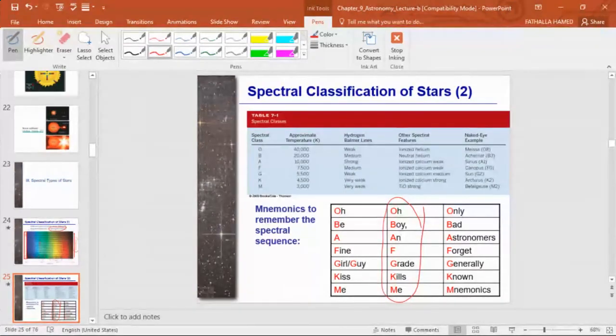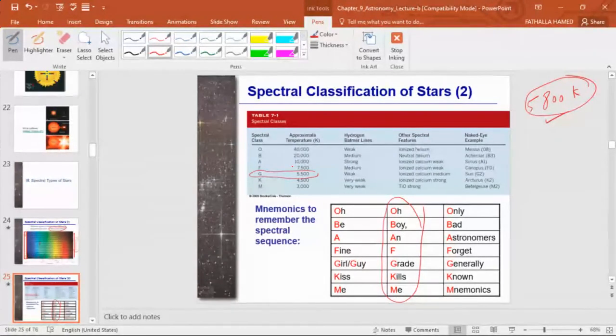So you have to remember this. For example, when we talked about the sun, we said that the sun has a surface temperature of 5,800 Kelvin. So the sun is classified as a G star, because that's what a G star is.